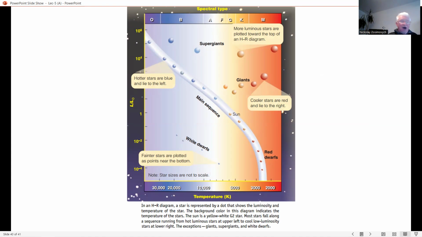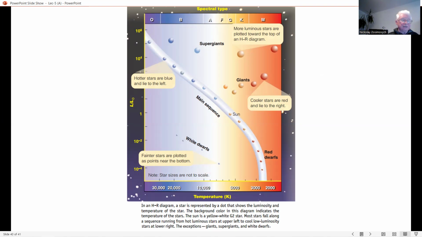In an HR diagram, the location of a point tells you a great deal about the star it represents. Points near the top of the diagram represent very luminous stars, and points near the bottom represent very low luminosity stars.